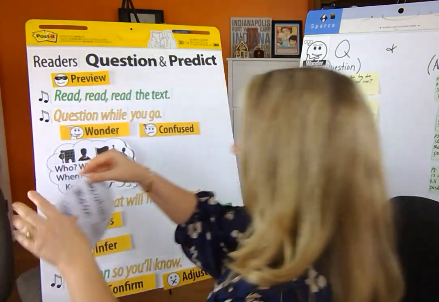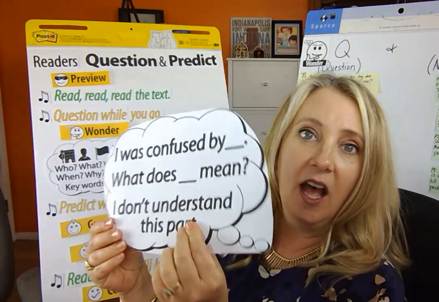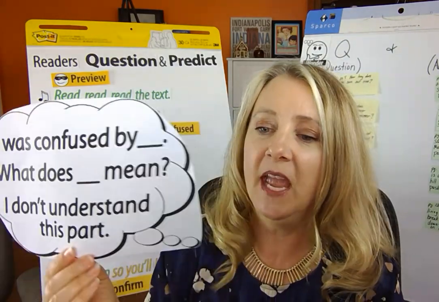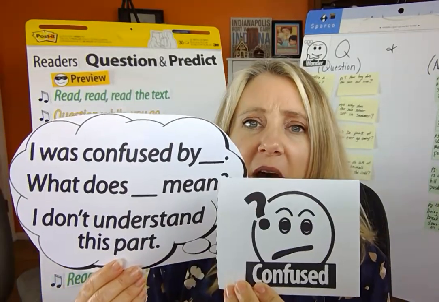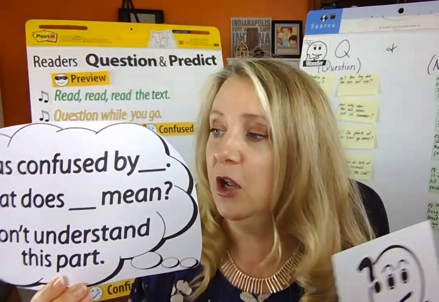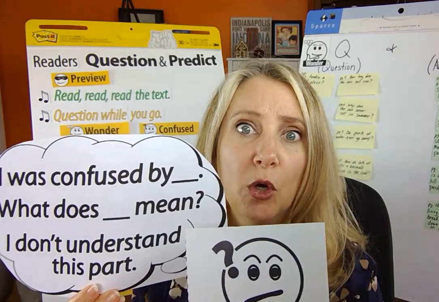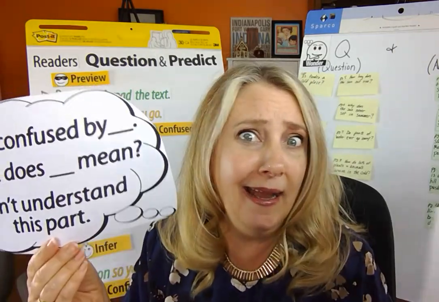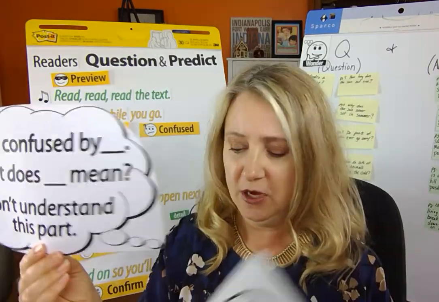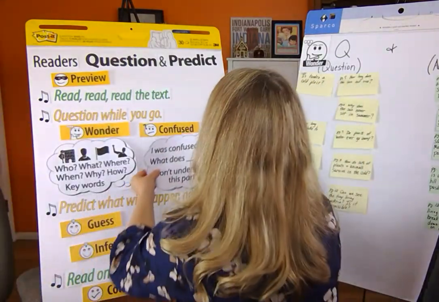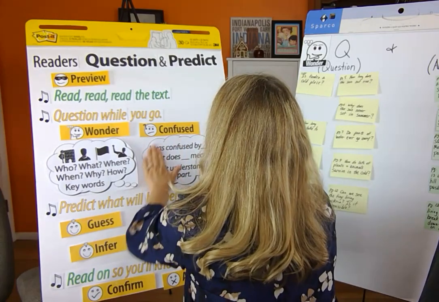It happens in the middle of the reading of the text. And so that's when we might be like, I'm confused by a certain part. Or what does this word mean, right? I'm just confused. I don't understand this part. So I'm going to add those pieces in.